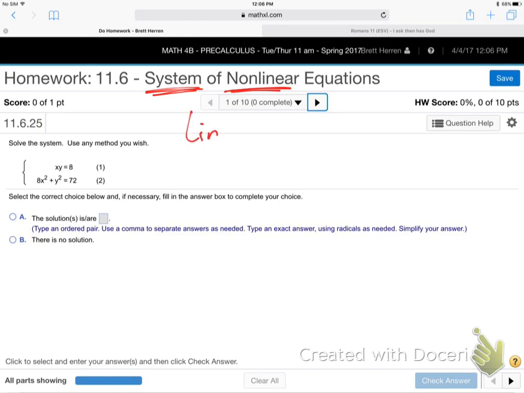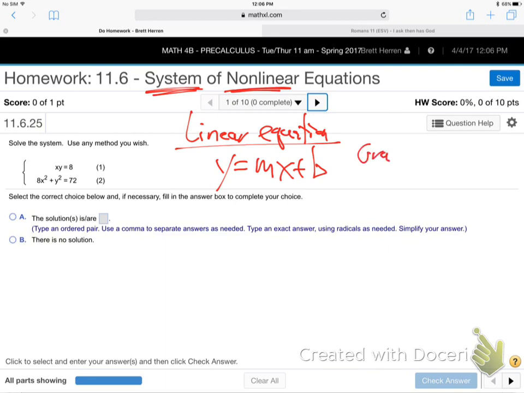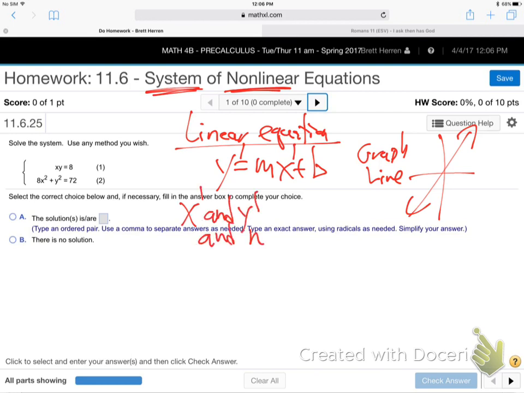A linear equation is one that's like y equals mx plus b. Meaning the picture, the graph, is a line. That's why we call it linear. You know, like a straight line. That's y equals mx plus b, which means y is to the first power and x is to the first power, and they're not multiplied by each other.